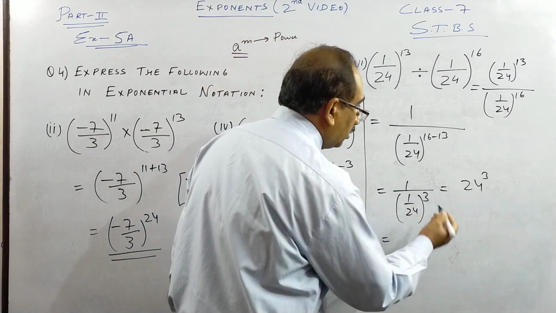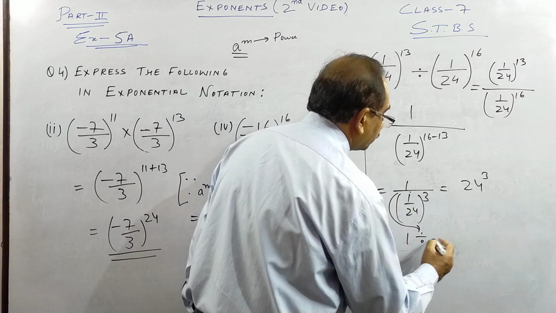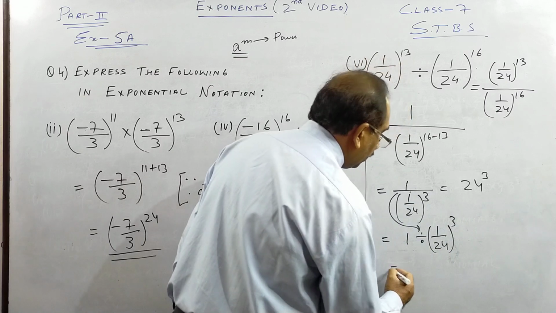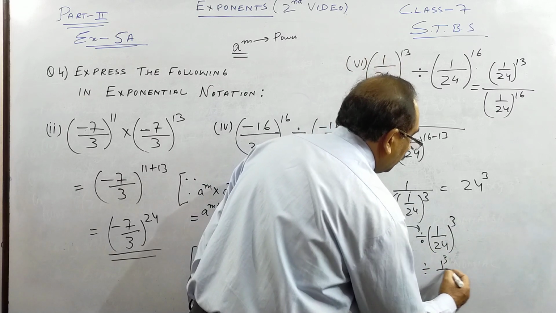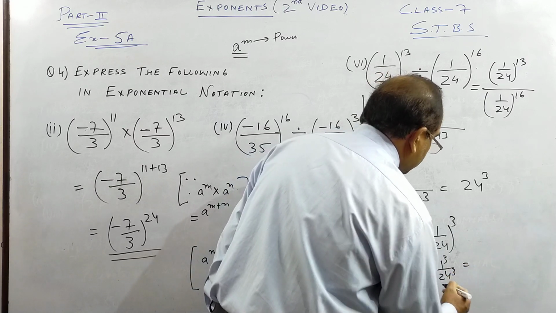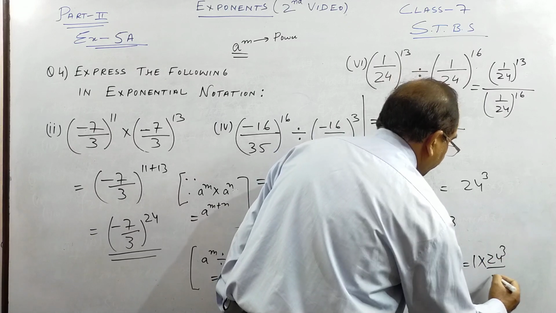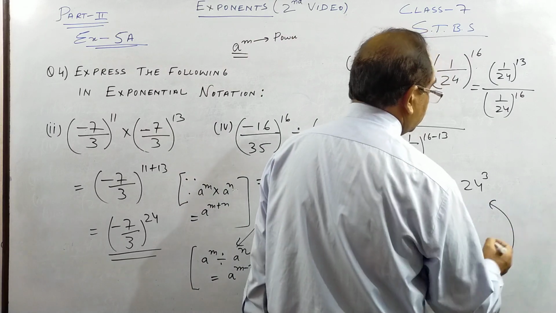How can I do it in another way? Let this sign be division. 1 by 24 cube is 1 cube by 24 cube, which is the same as, when division becomes multiplication, 24 goes up and 1 comes down, and you get the same answer.